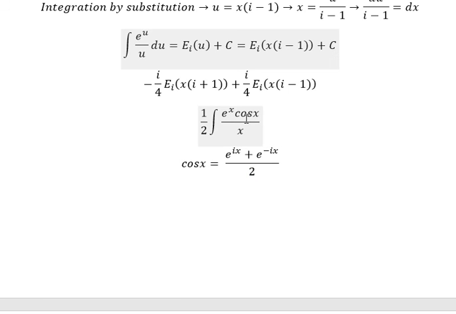So we put this one in here, and you get number 4 in here. Cosine s we change for this one.